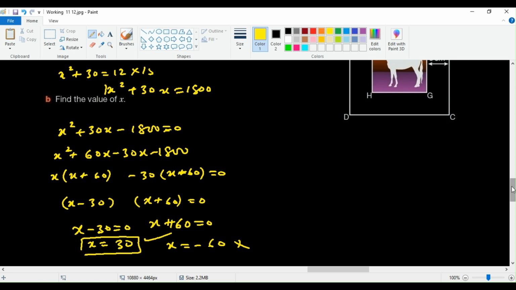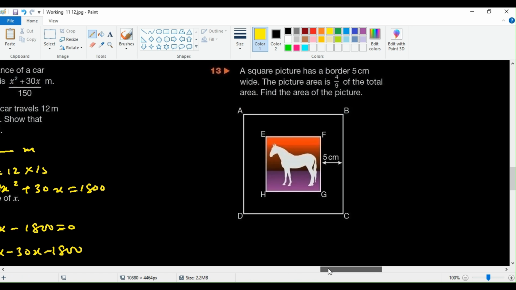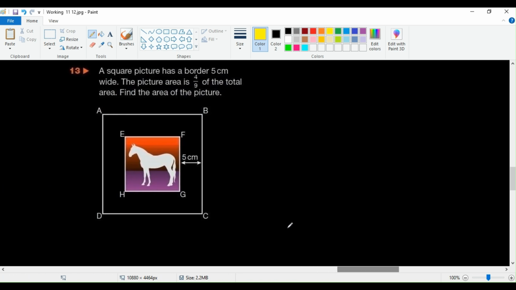Moving on to the next question. It says the picture frame has a border of 5 centimeters. Now let's see here. For example, if I make this one as x, which is unknown, then the picture is going to be x minus 10.